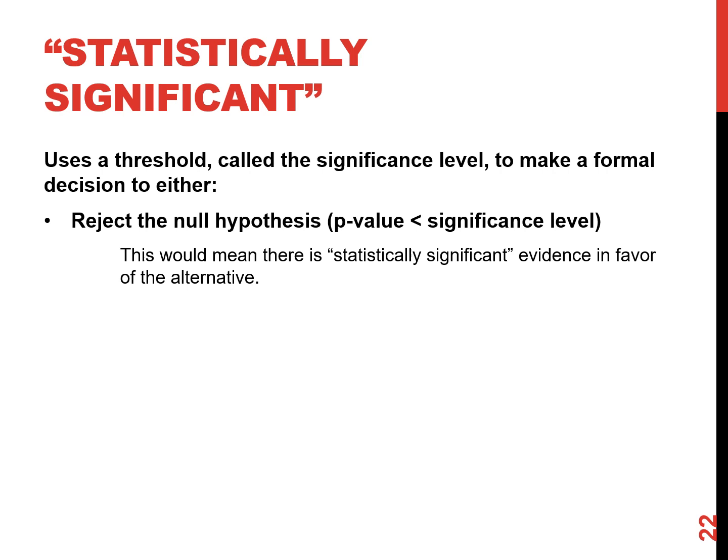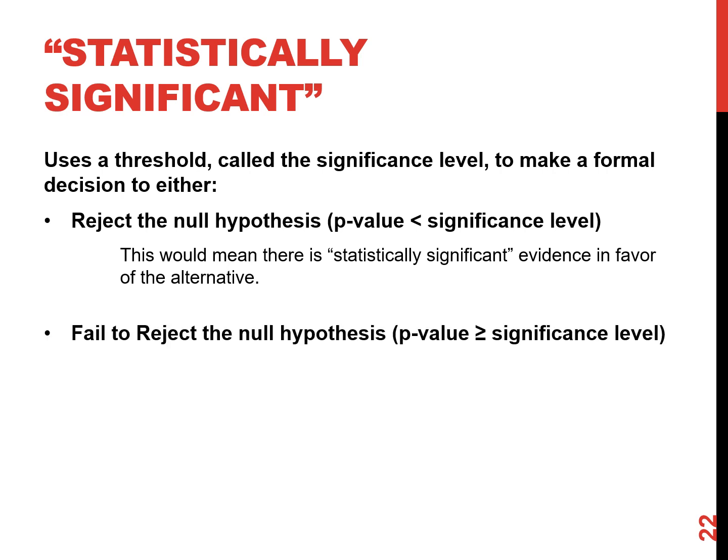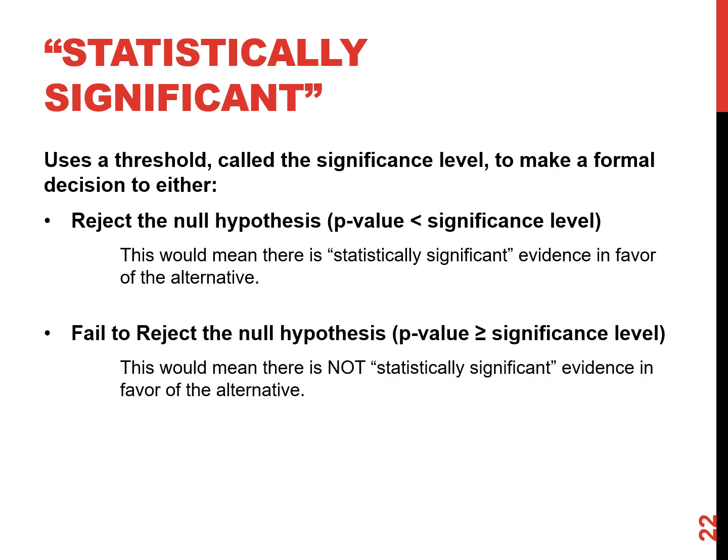This would mean that there's statistically significant evidence against the null and in favor of the alternative hypothesis. Or we might decide that we fail to reject the null hypothesis, and we would do that if the p-value is greater than or equal to the significance level. This would mean that there's not statistically significant evidence in favor of the alternative hypothesis.